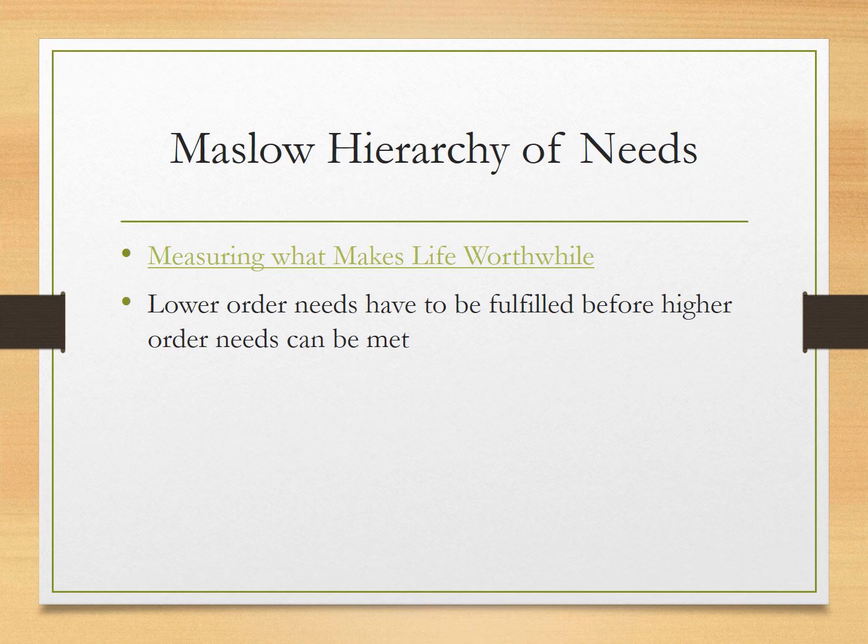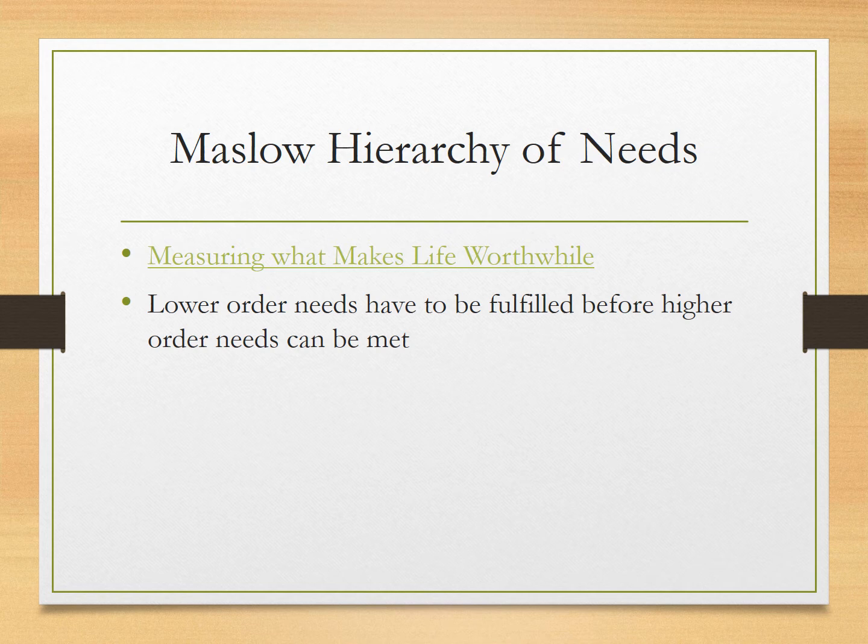And maybe when you look at the hierarchy, you can see it in that way in your career and in your personal life. But the basic idea about the hierarchy is that lower order needs, such as food and shelter, have to be fulfilled before higher order needs can be met.